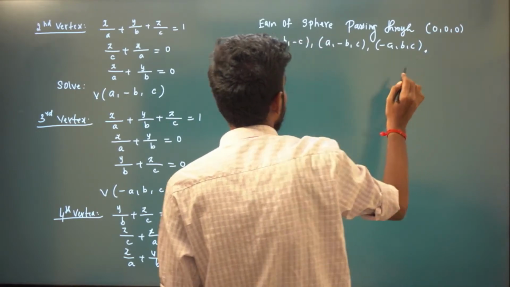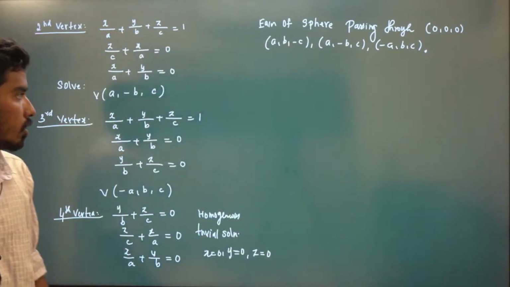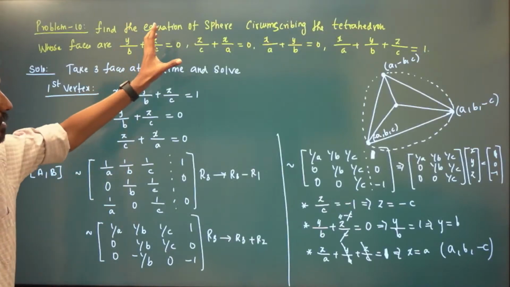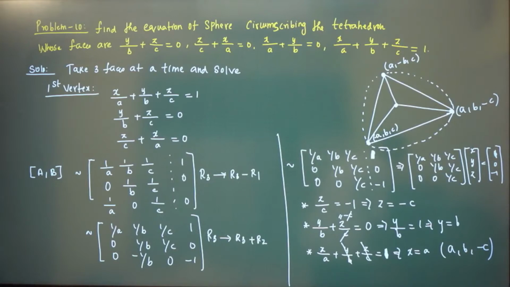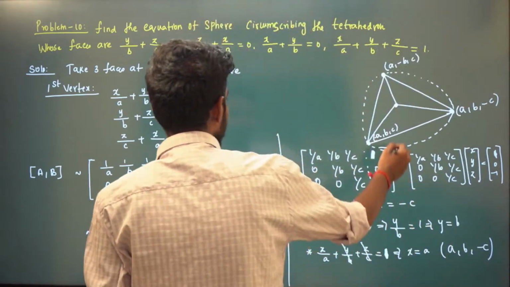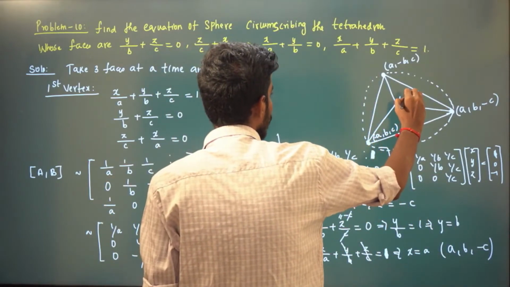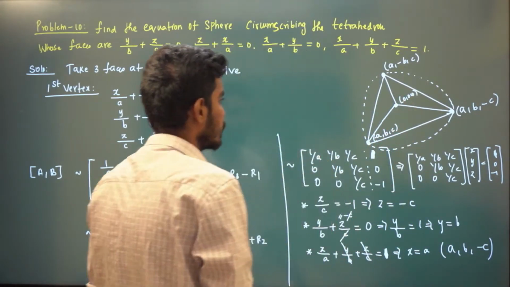This is the question that it is reduced to, right? So when we look at this problem, it seems to be very complicated. The only thing is we need to solve these 4 faces to find the vertex of all these 4. First vertex I have done using the Gaussian method. Similarly, you need to do it for finding the second and third vertex also, right? So our aim is to find the equation of the sphere passing through these 4 points, right?